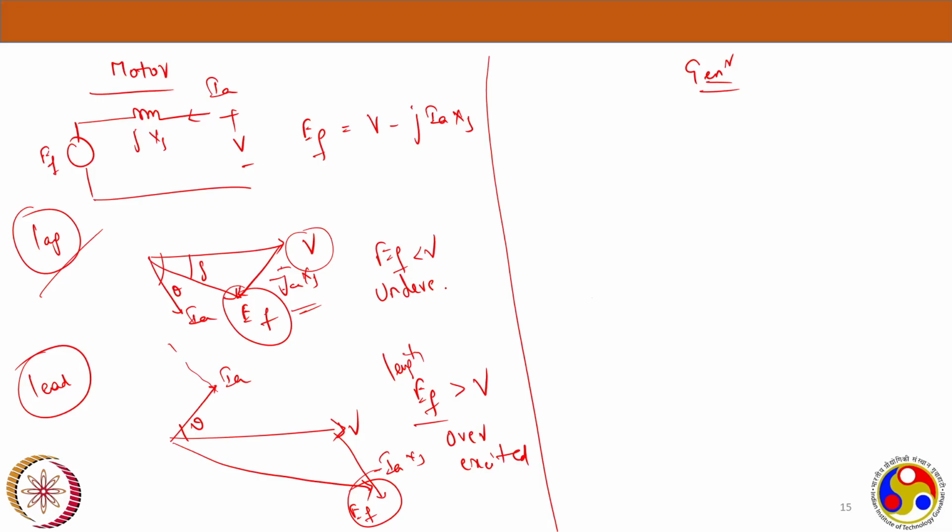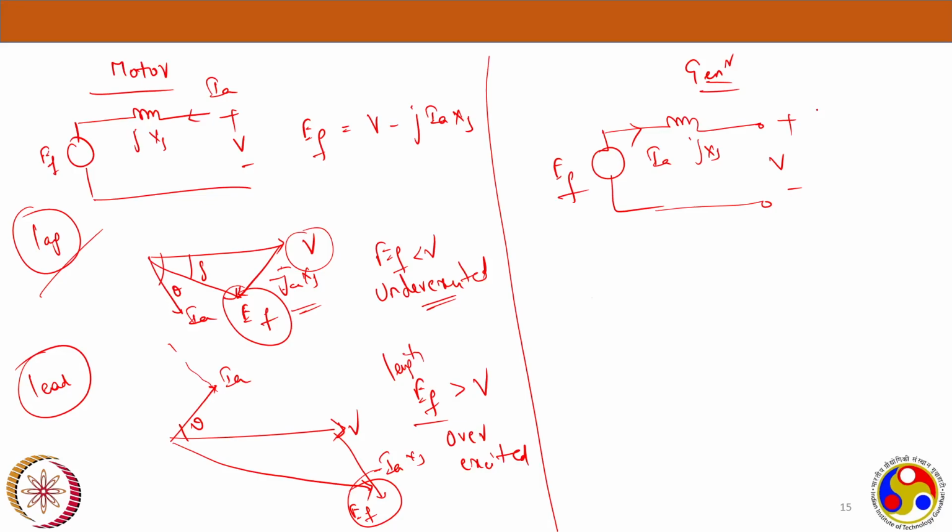Now similarly, if you look into the generator condition, the generator will have this EF and JXS and this is the bus, some grid. Now generator means it will be supplying to the grid, right? It is JXS, the direction of IA is here and now the equation will change. So for the generator EF is equal to V plus JIAXS, right?